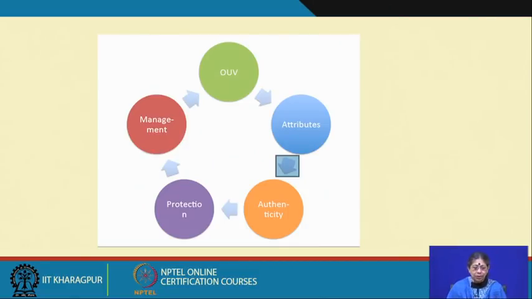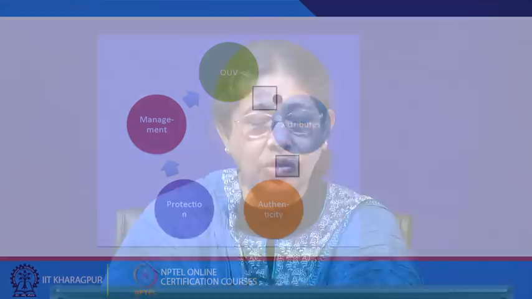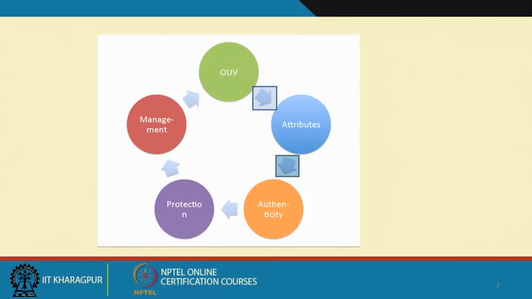Here we see the different aspects of a World Heritage Site: OUV, attributes, authenticity, protection, management. All these are very important, and we have to understand the relation between outstanding universal value in the case of a World Heritage Site and the attributes, and how they are related to authenticity.